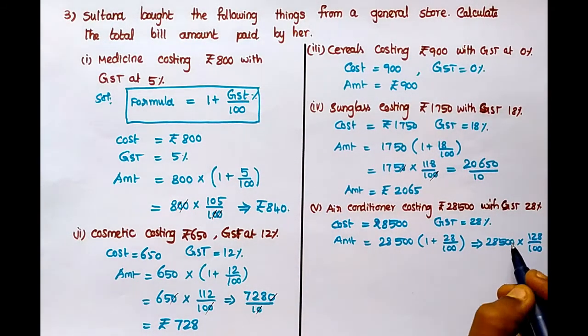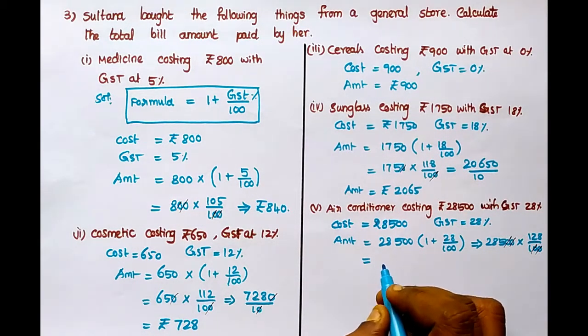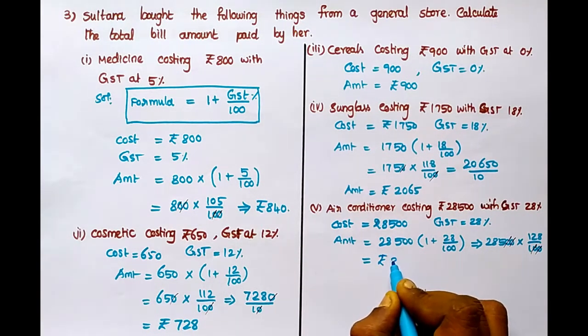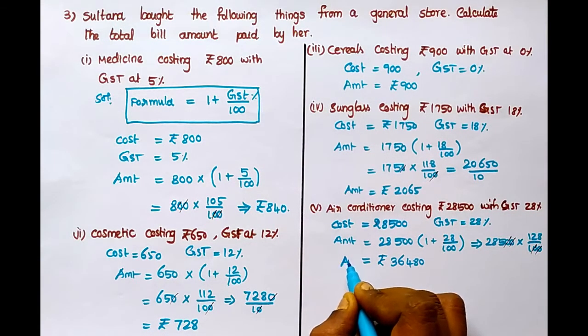Now 0 0 cancelled. Multiply the remaining number, 285 into 128 means we get rupees 36,480. That is the amount.